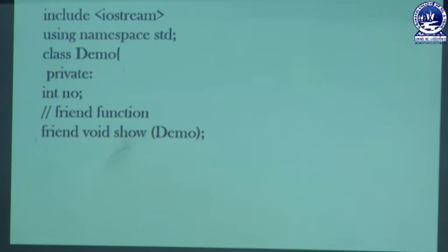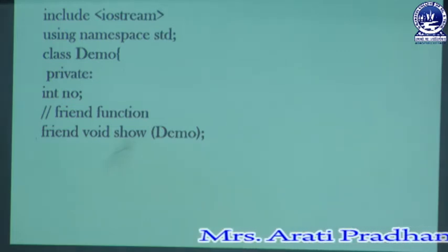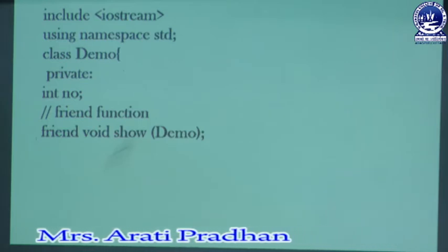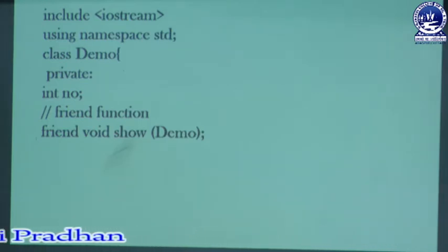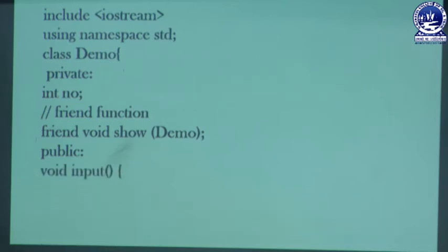Here the name of the friend function is void show, and it takes one object as an argument. The keyword friend is used with void show. Then in the public part of demo, I have used a void input method, and in the void input method, I have used no equal to 100, then the closing brace, then the closing brace of class demo.